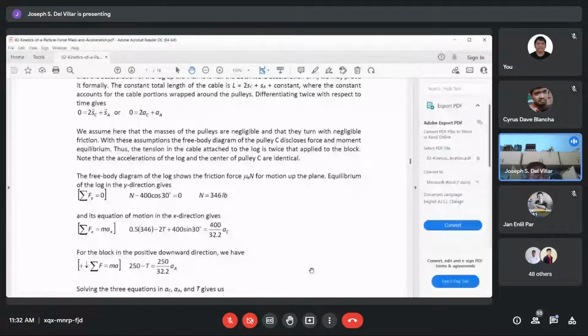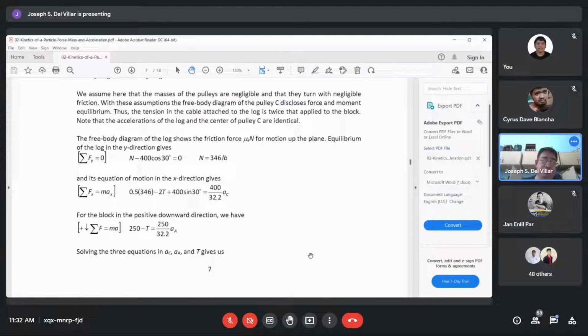What's the other one? Cramer's rule, using determinants. But don't make it difficult. When there are only two, you simply make use of substitution or elimination. Here, you can express acceleration in terms of tension or tension in terms of acceleration.